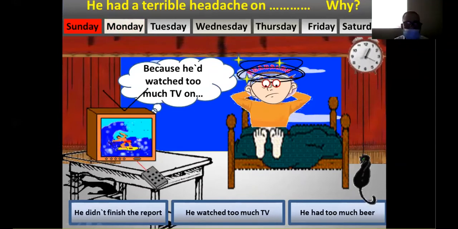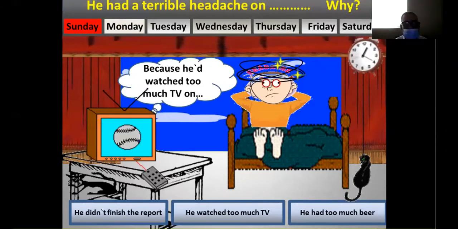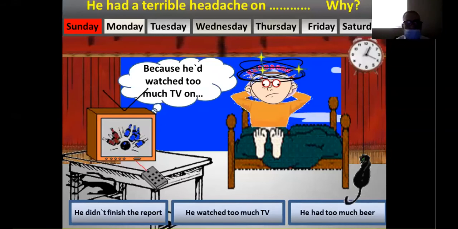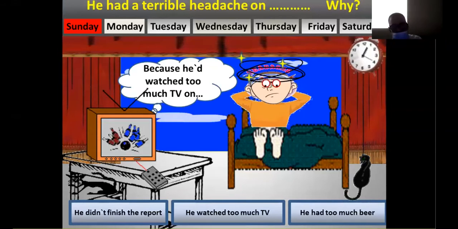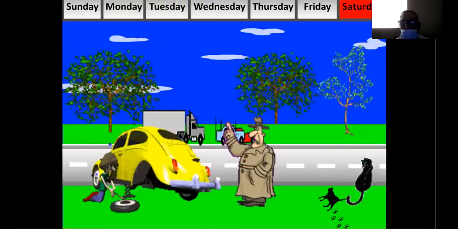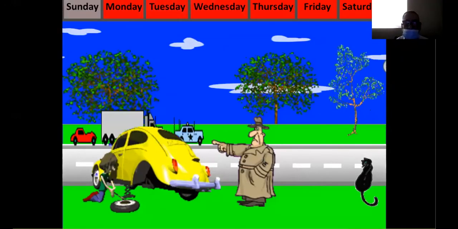The first action, the result of Sunday action. Of course, he had watched the TV. This is the first action, and as a result of it, he had a terrible headache. Look, on Saturday and Friday, I'll check all this week.